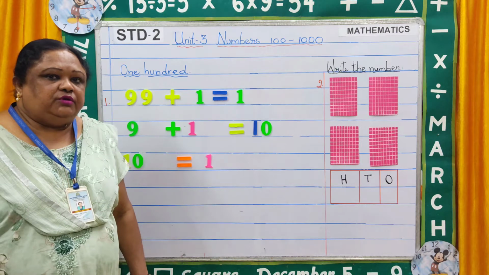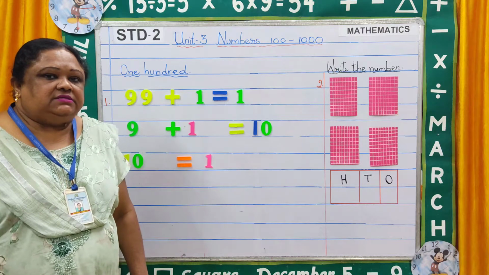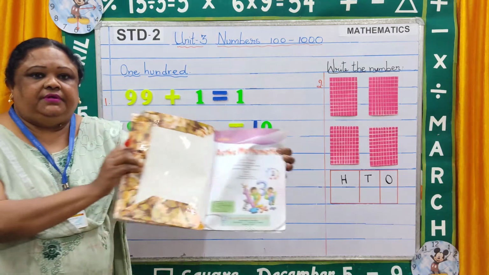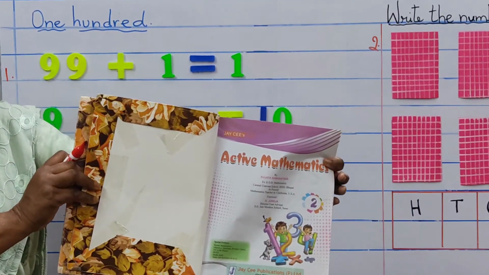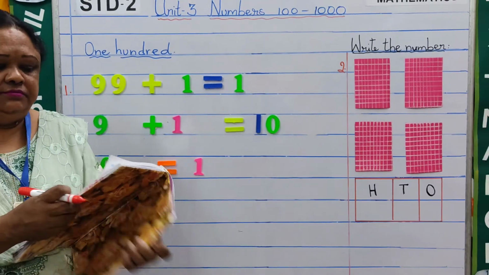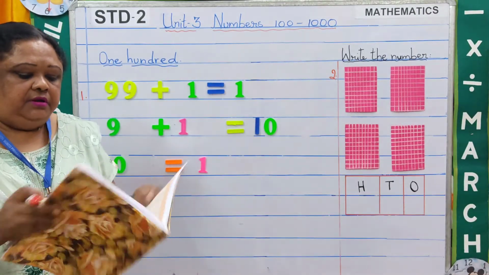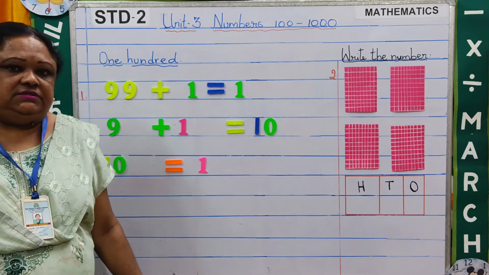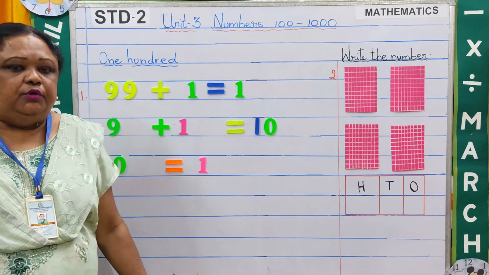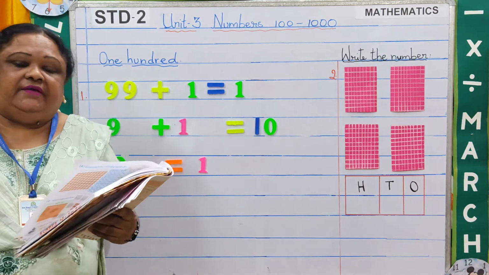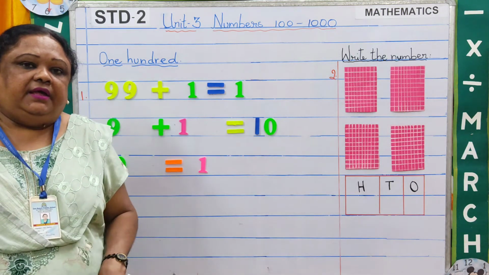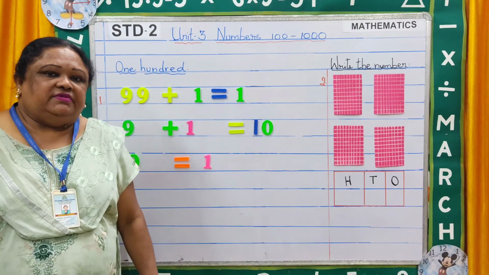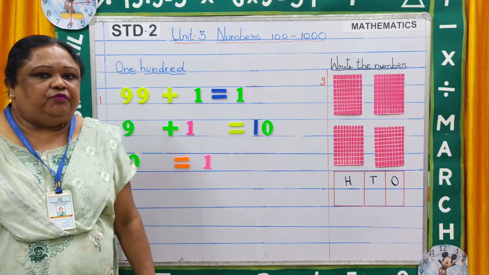Today we are going to do Unit 3, numbers 100 to 1000, from your Active Mathematics book. Now children, coming to numbers, we all know that we have learned two-digit numbers in the previous class also. 1 is always more than the number before it.